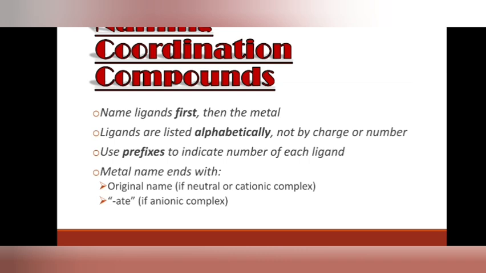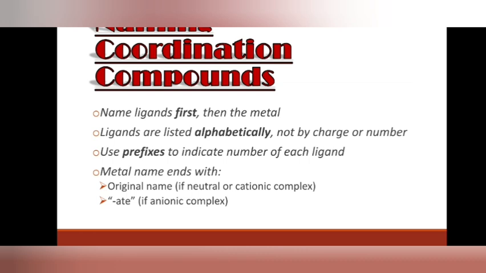Actually, there are 2 parts in a coordinate covalent compound. One is the cationic part and the other is the anionic part. So first we have to determine whether our metal is present in the cationic part or in the anionic part. If our metal is present in the cationic part, then we will write the metal name as it is, like the original name cobalt.